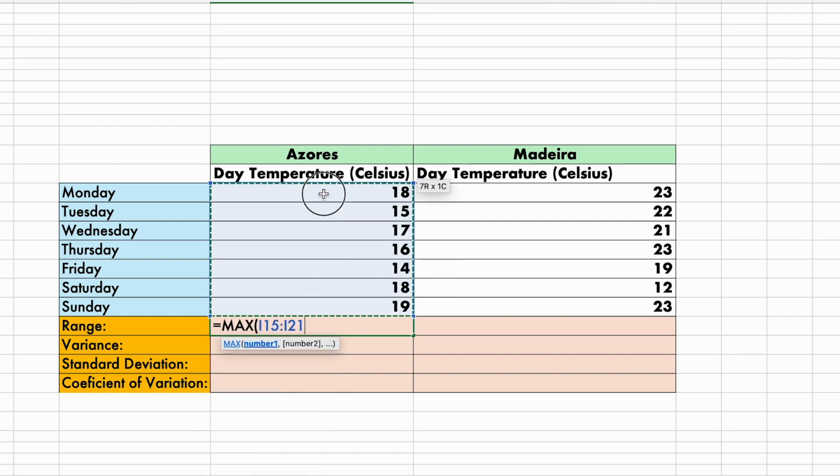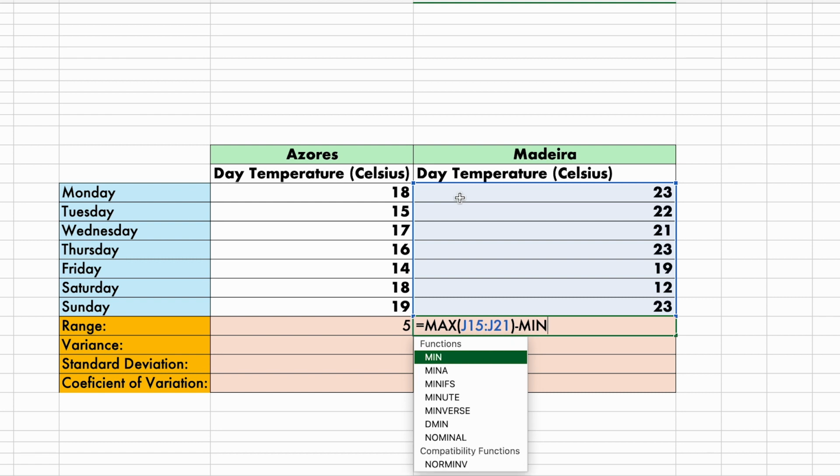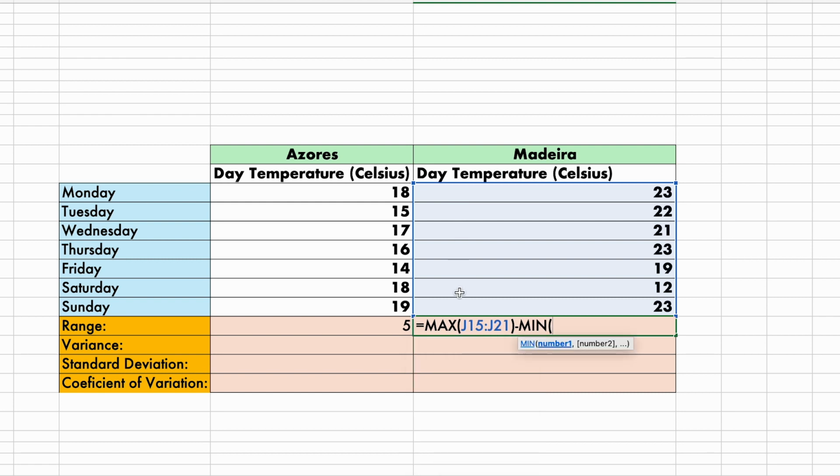The easiest formula is to subtract the smallest value in the set from the largest element in the set. We have the range of 5 for Açores and 11 for Madeira.